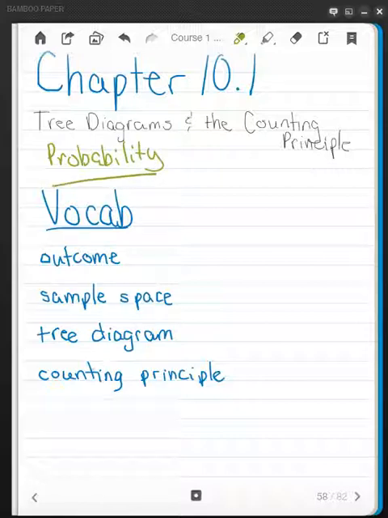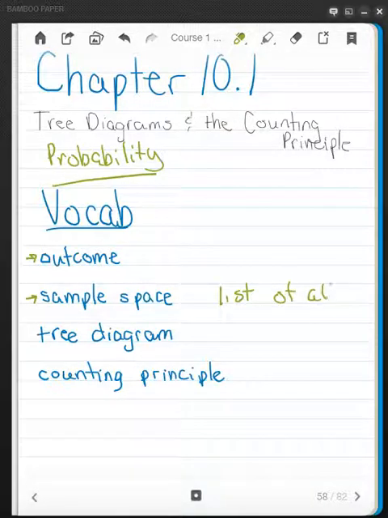Okay, so vocab for today is outcome. It is the result of some sort of action. I flip a coin, I get heads. That is an outcome. A sample space is a list of all possible outcomes.